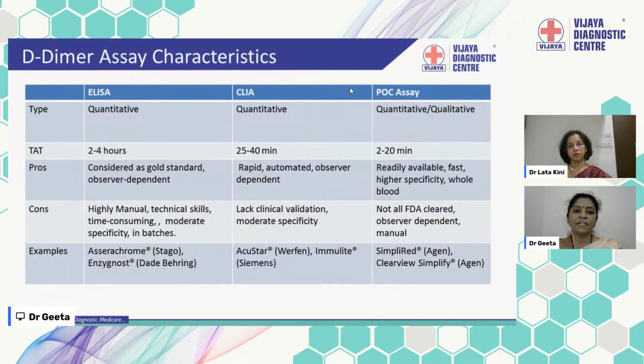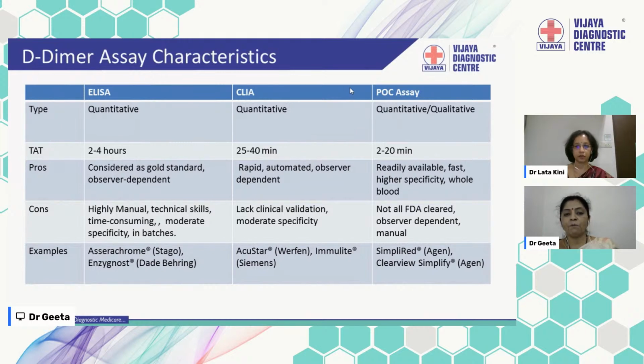Further, coming to the different kinds of assays that we have for evaluating D-dimers. D-dimer assays are basically of two types. One is quantitative, another is qualitative or semi-quantitative. The qualitative or semi-quantitative assays are mostly card-based, with latex agglutination as the principle.